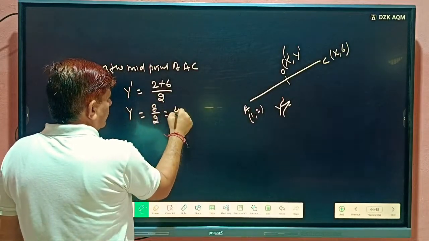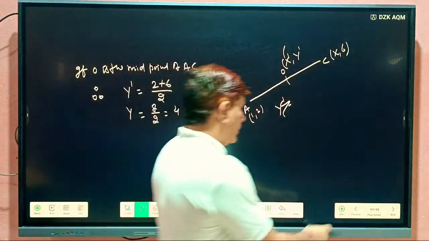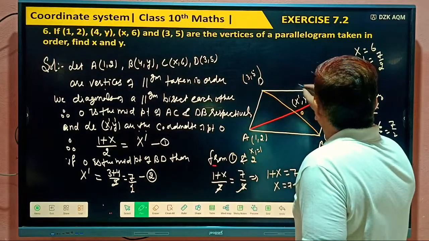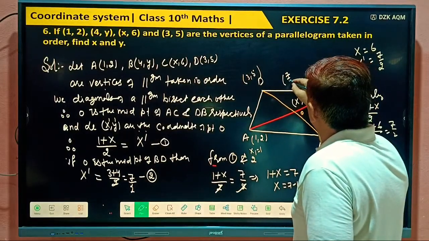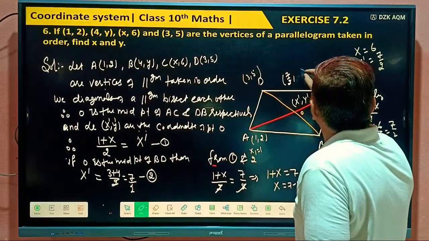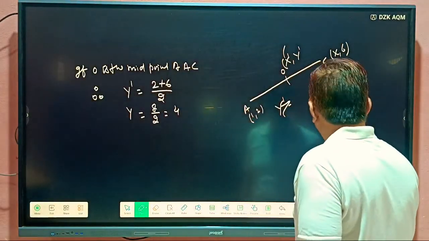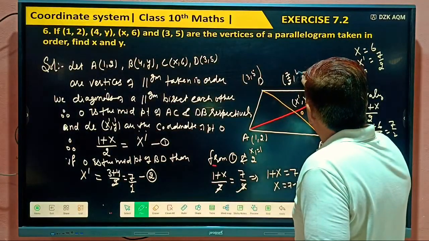How much? 4. So what we can say here? This is 7 by 2, and this is how much? 4.